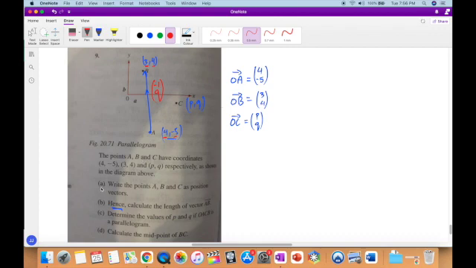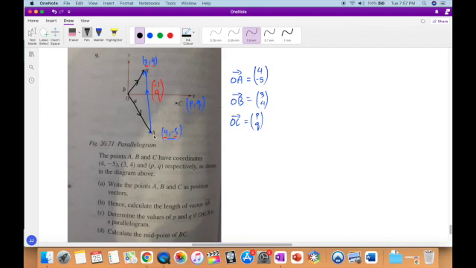The first question A, write the points A, B, and C as position vectors. Second question B, hence calculate the length of AB. Hence means that I have to use what I did before, so I have to use position vectors to find the vector AB. What position vectors do I have? I have OA and I have OB.